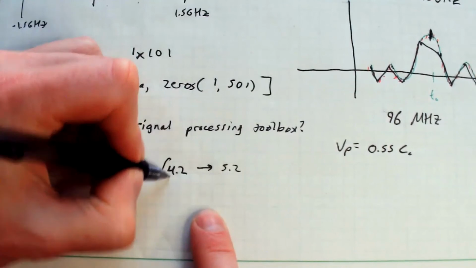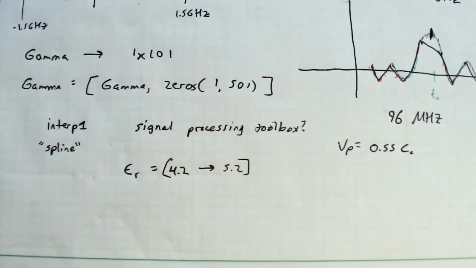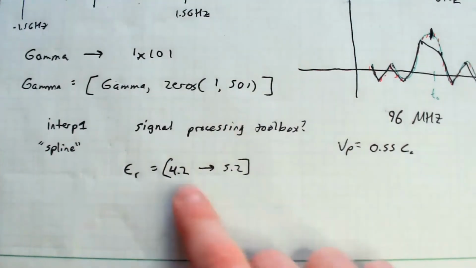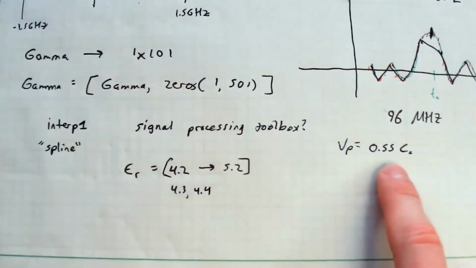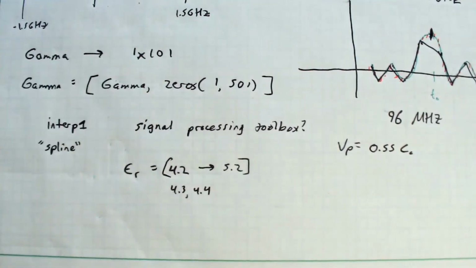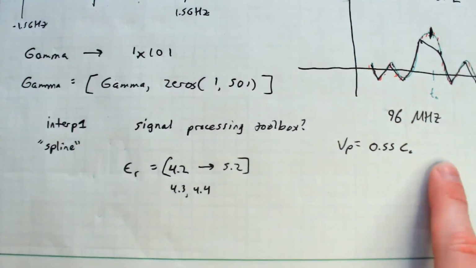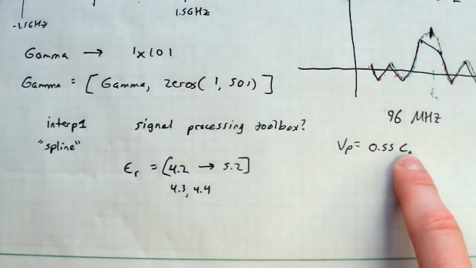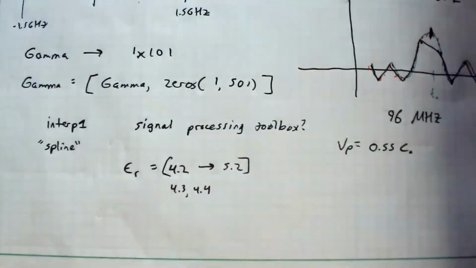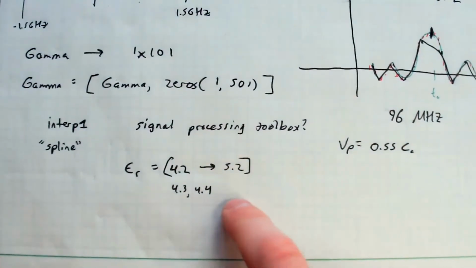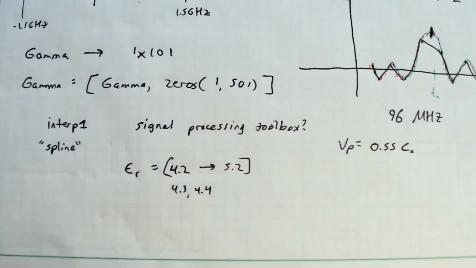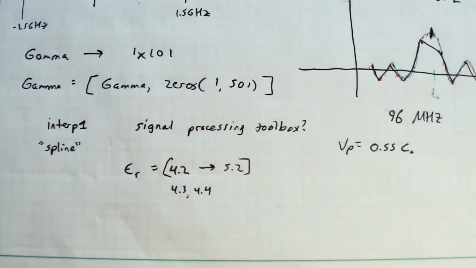So this is more of a range of possible values. What I got was probably more like 4.3 to 4.4 to correspond to this velocity of propagation. So I thought that's kind of a neat trick: if you know what the velocity of propagation is, you can then reverse engineer what you think the dielectric constant is on this material, because they will not specify it with a lot of precision. It depends on who made it and how they made it.